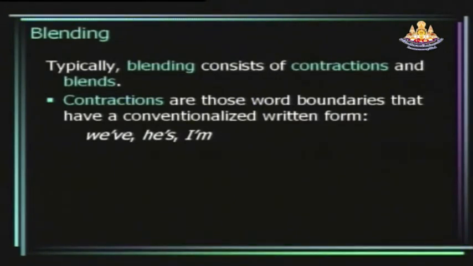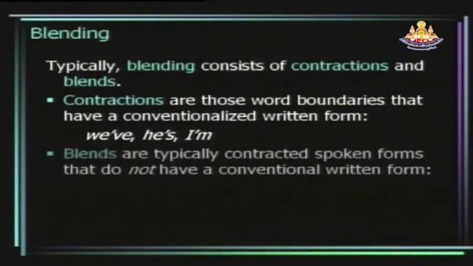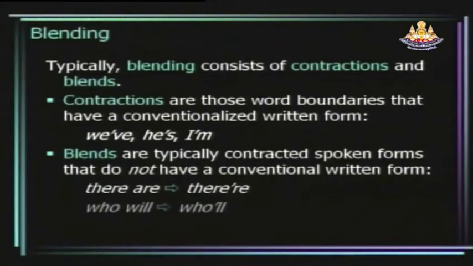So I'm sure you already know all of the contractions in English. We have becomes we've. He is becomes he's. I am becomes I'm. And there are many others as well. These are just 3 examples that I'm giving you here. But all of these have a standard written form.